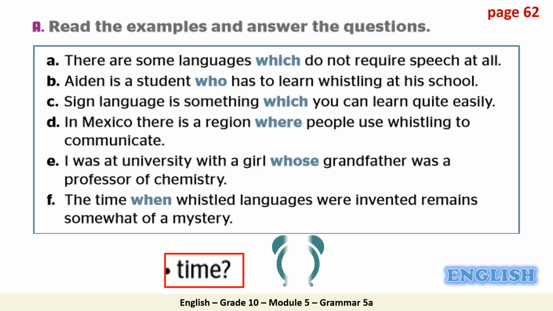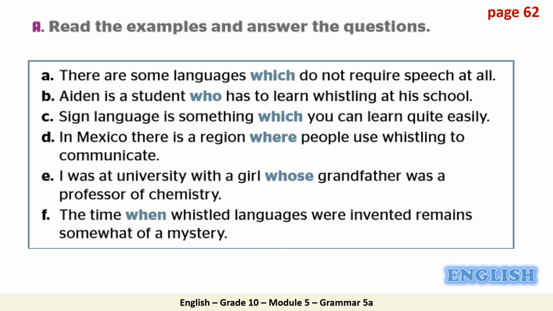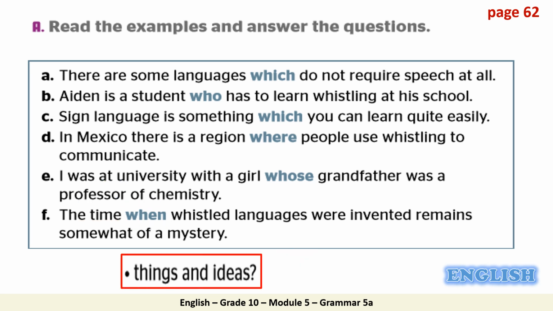How about the time? Pause and read. The answer is when. As you can see here, it refers to the time. What about things and ideas? Pause and read through.